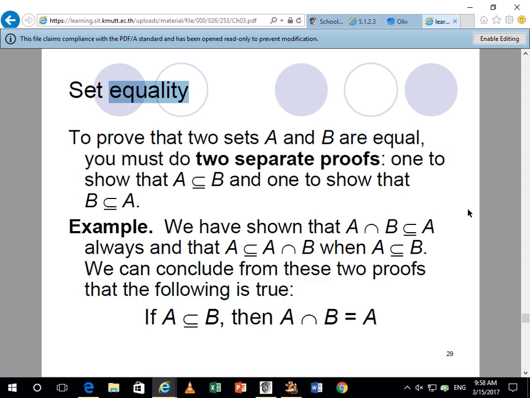If you look at this example that's given here, previously we've shown this, right? In the first example we gave for proof, A intersect B is a subset of A. We also show that A is a subset of A intersect B when, did we show that?